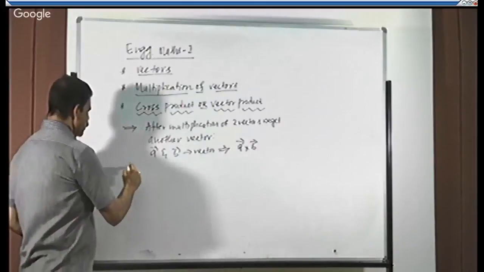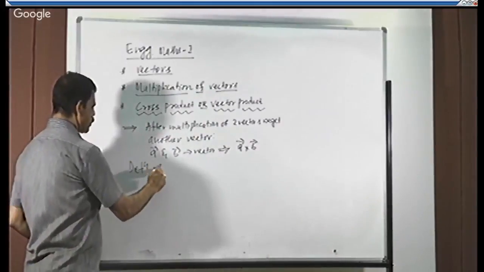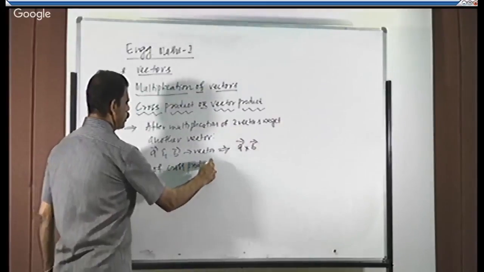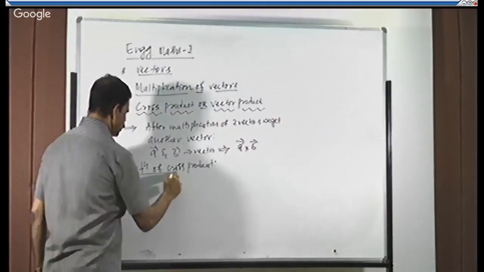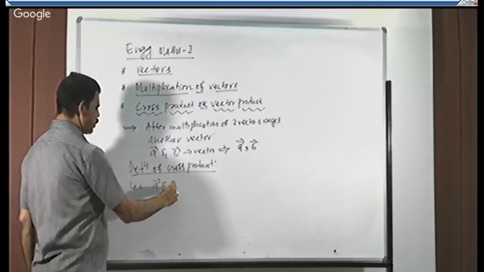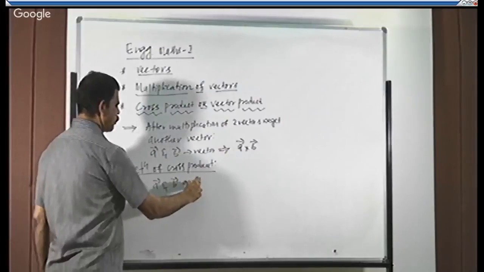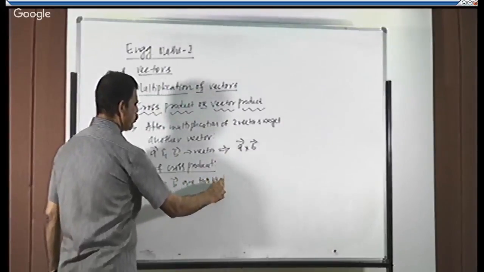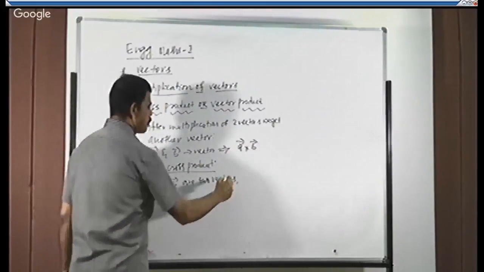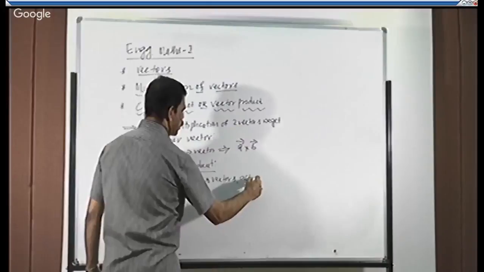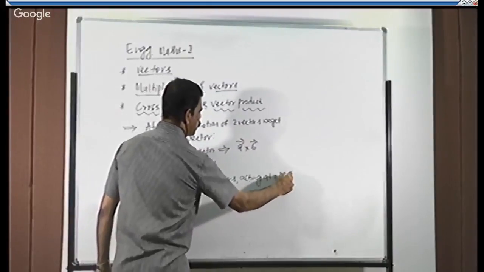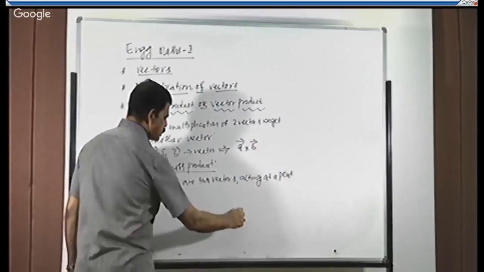Let us take the definition of the cross product. It is similar to the dot product. Suppose A and B are two vectors acting at a point C, like this.